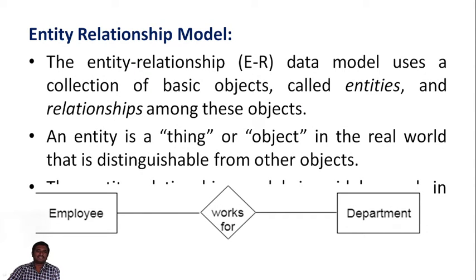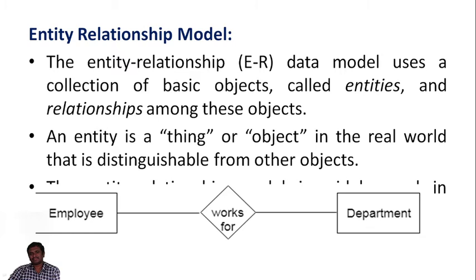So register number has some records, name has some records, age has some records. The next model is the entity relationship model, otherwise called the ER model. It is a data model that uses a collection of basic objects, called entities, and the relationships among these objects. Here we can see the rectangle box is used to represent the entity. Here the entity name is employee. The diamond box represents the relationship among the entities. Always, the rectangle box represents the entity.